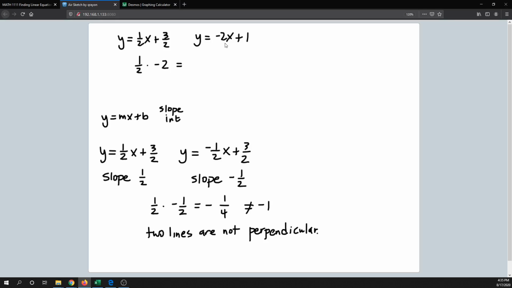And so when we multiply that together, we get -2/2, which is -1. So these two lines would be perpendicular, okay? Because when I take their slopes and multiply them, I get a, oops, that should be a -1. Sorry, -1. So when I multiply these two slopes together, I get a -1.